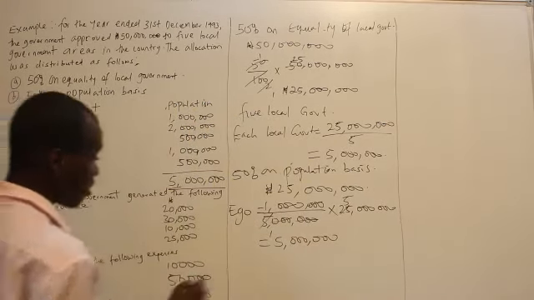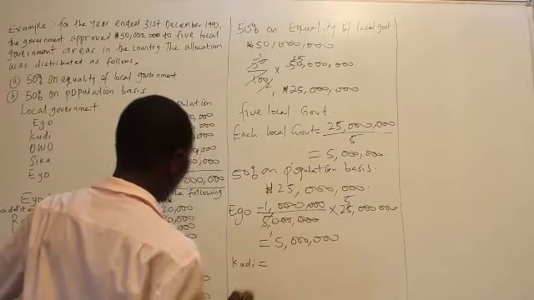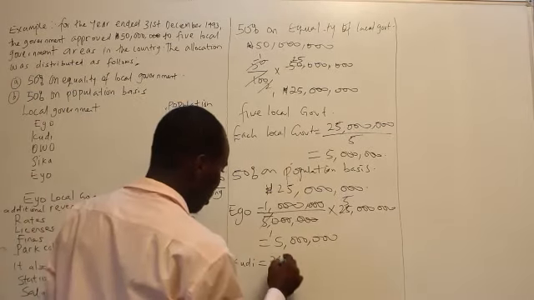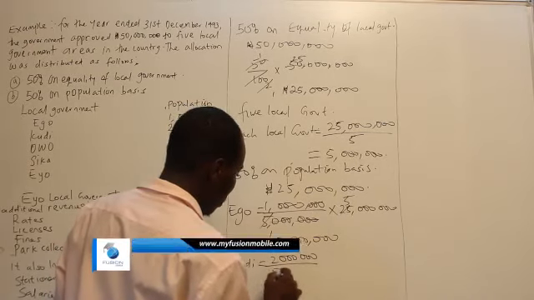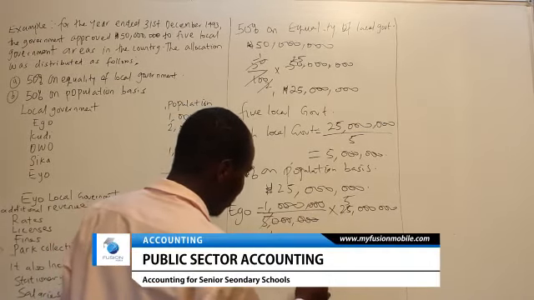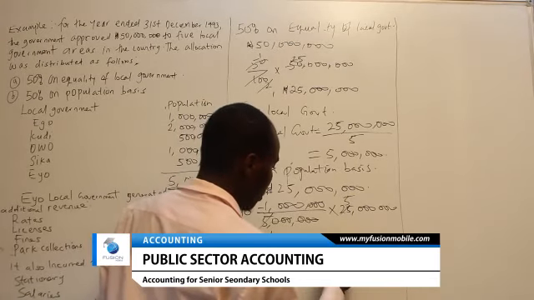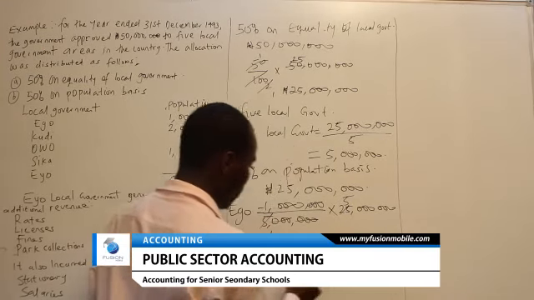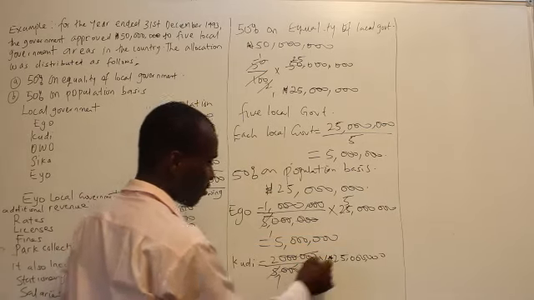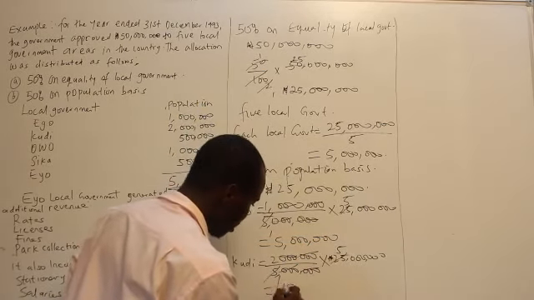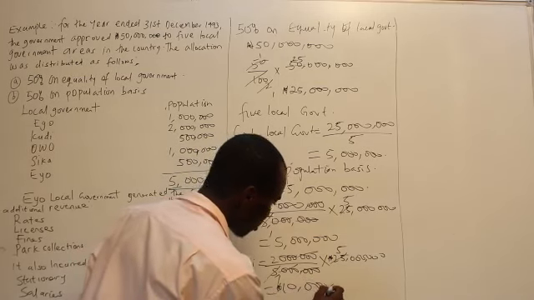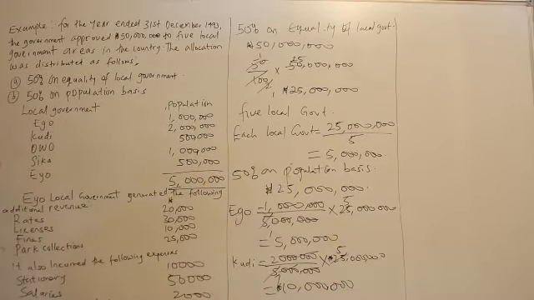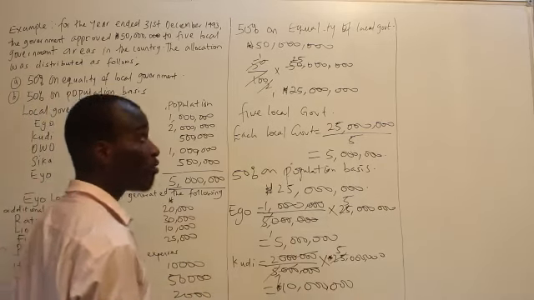Now the next one is Kudi local government. Its population is 2 million people, over the total population, times the total amount of 25 million naira to be shared. So we cancel, 5 into 1, 5 into 5, and that gives us 10 million naira to be allocated based on population.